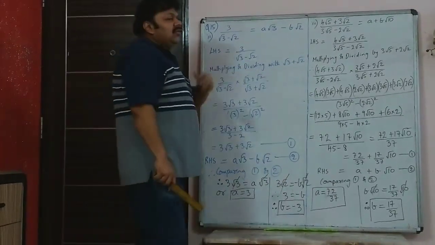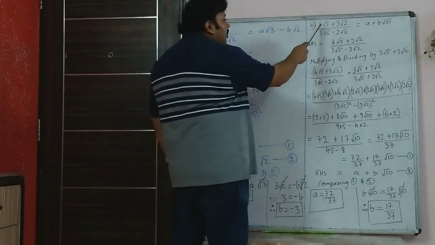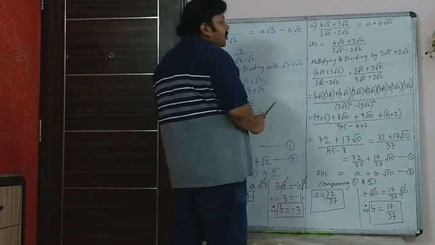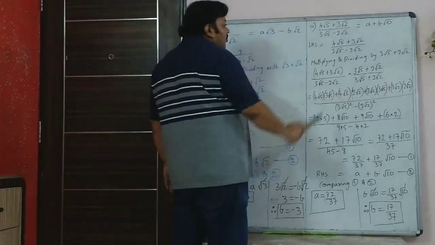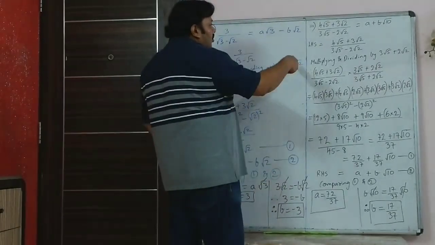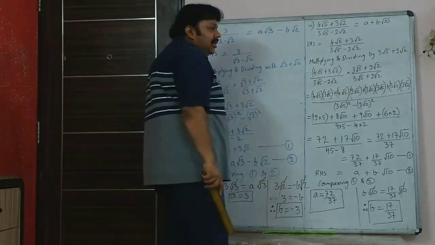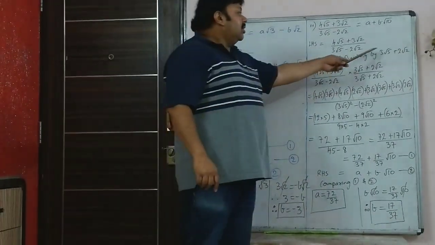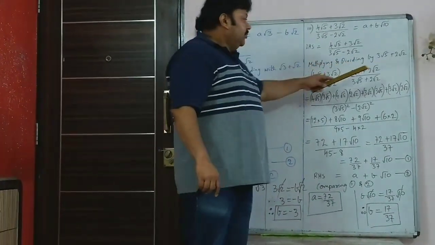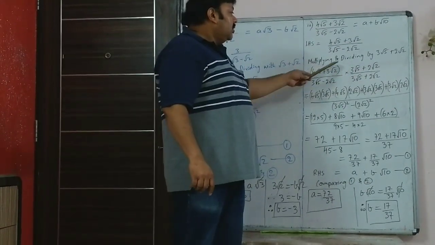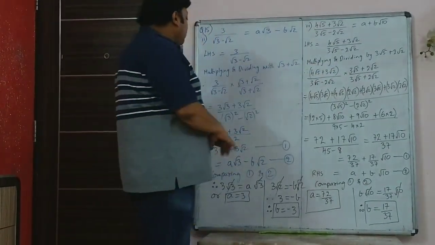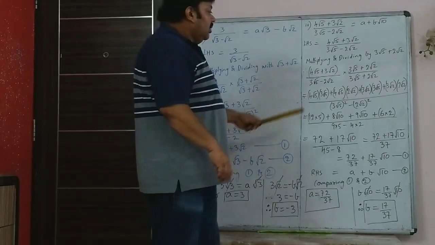Now same way you have to do the next sum, that is the third sum. 4 root 5 plus 3 root 2 upon 3 root 5 minus 2 root 2. So this is a bigger number, but it's fine. You multiply and divide by the same denominator but with the other sign. So when you do that, here these terms are not the same, so we can't directly square something.